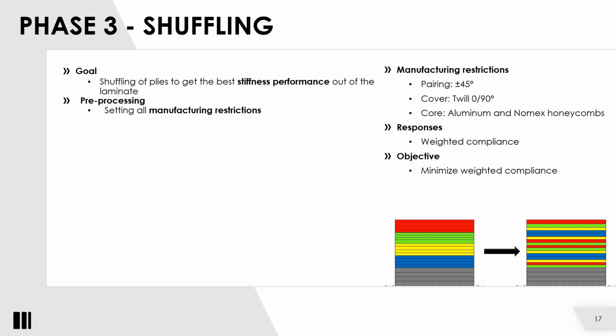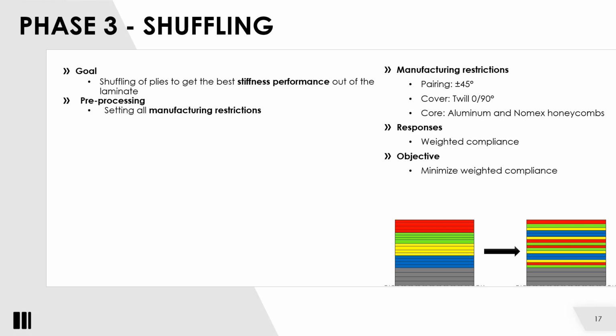Here we add some more manufacturing restrictions. For example, we set up a pairing of plus minus 45 degree layers. So if we have a plus 45 degree layer, we also want to have a minus 45 degree layer. For optical reasons, we set up a cover layer which we want to be 0-90 degree twill.